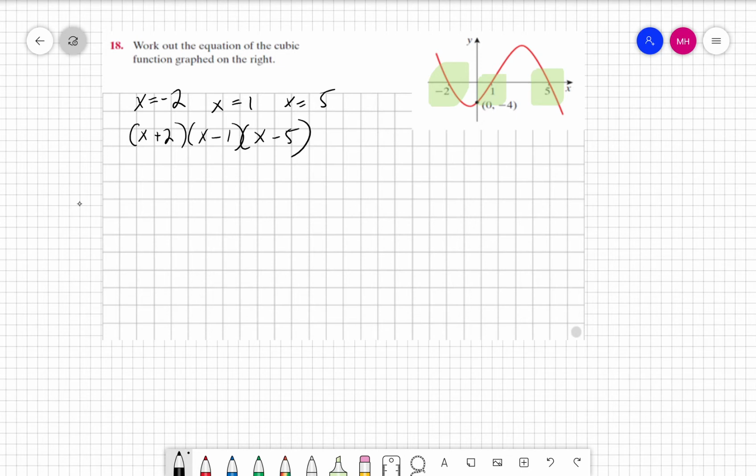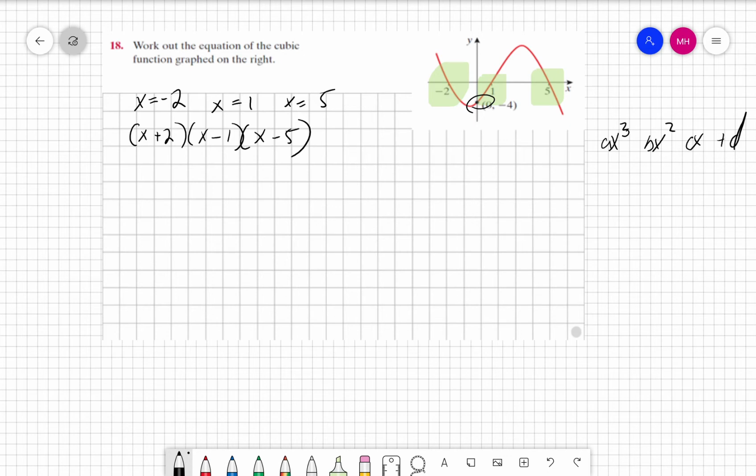Now, this here is your y-intercept. So this cubic function is going to take the form of ax cubed plus bx squared plus cx, and then plus d at the end, my mistake.